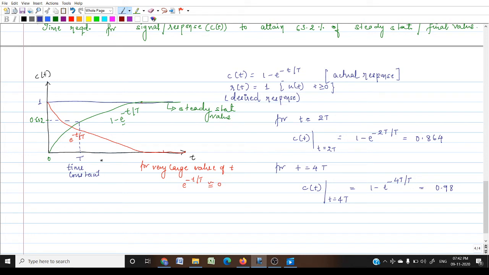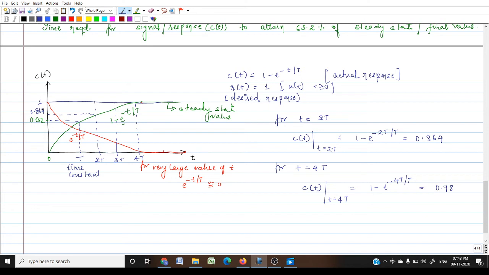So somewhere here we will have 2t, and here we will have 3t. I haven't derived the 3t value, but it will be somewhere around 0.864.